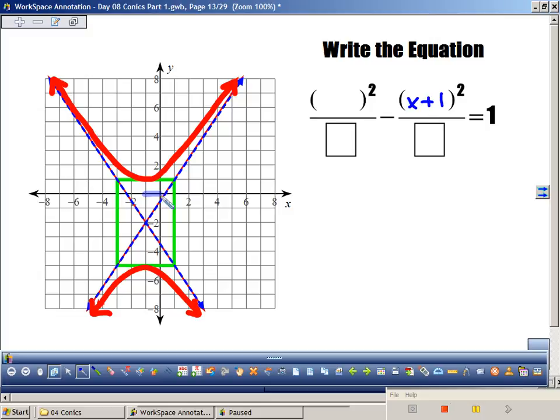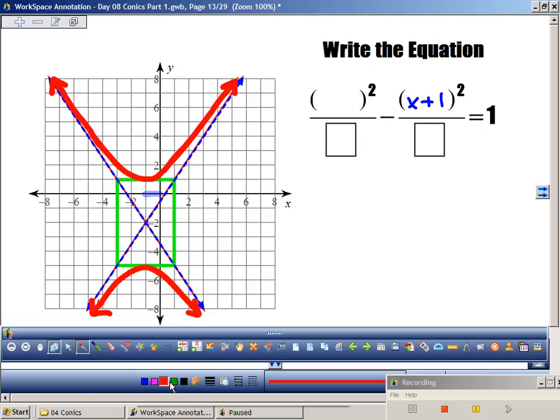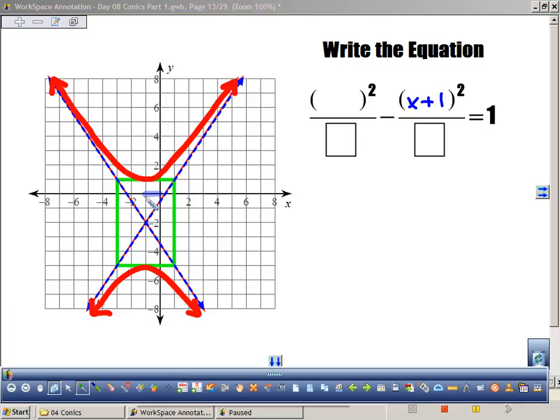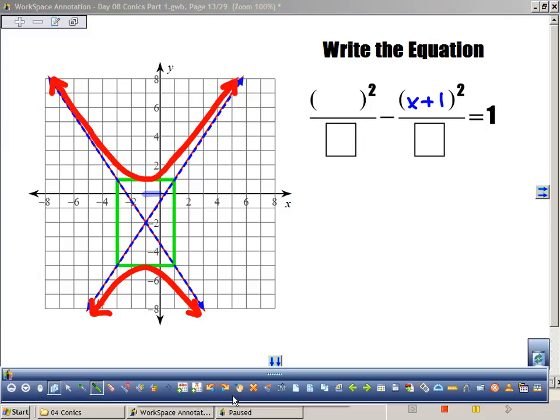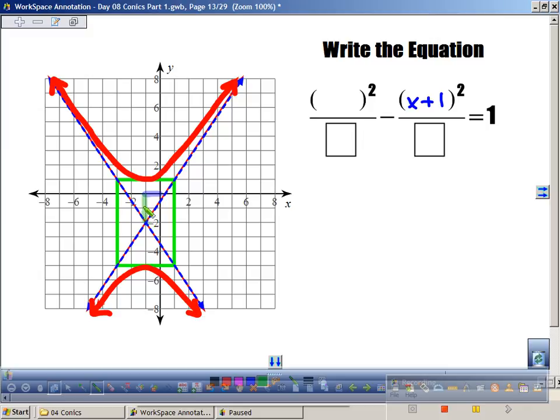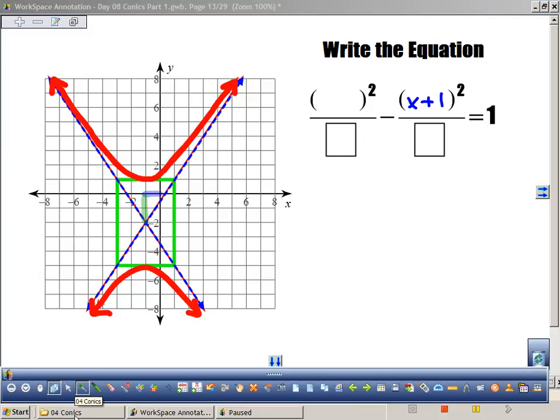I'm right here at the origin. I have to get to the center right there. So I have to go over 1, down 2. So when I go down 2, it's going to be y, not y minus 2, but plus 2.